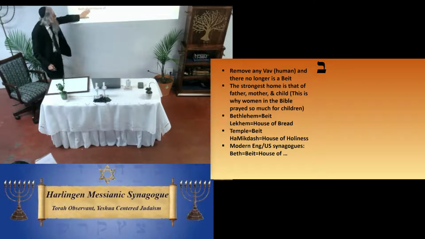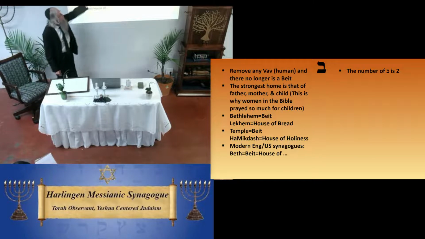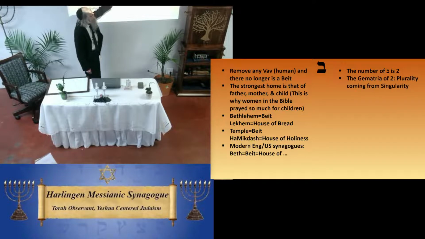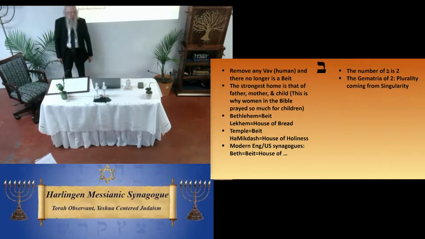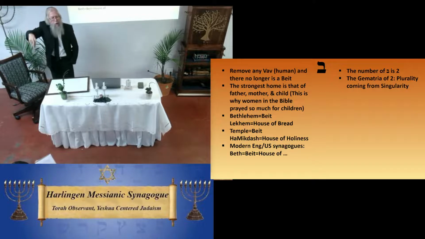So Bet means house of. All right, next. The number of Bet is 2. The gematria of 2. 1 is singular, 2 is plural. So it is plurality, but not only is it plurality, it is, by definition, plurality coming out of singularity.